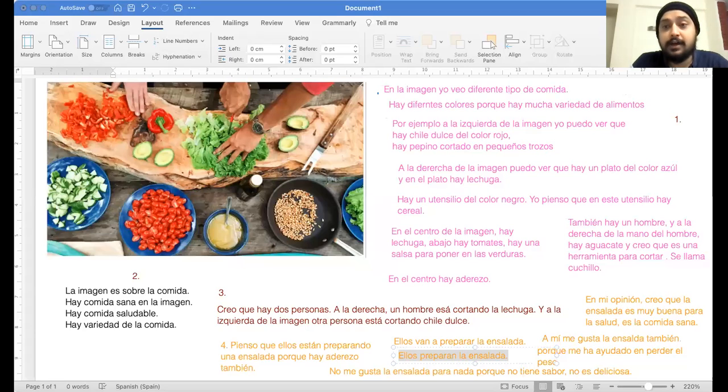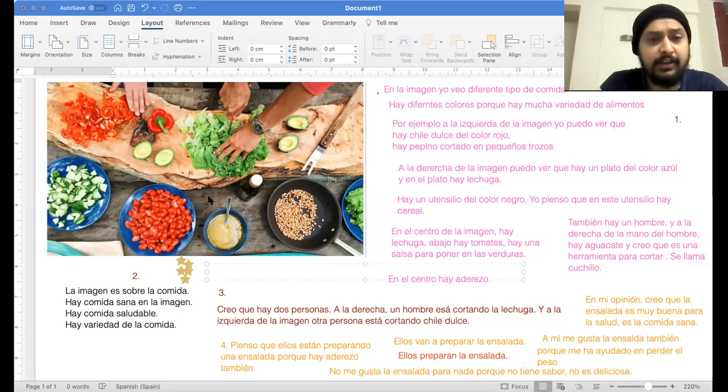Now comes the most important part, that is intentionally adding the cultural element. 5 star. It's very, very important. So you can say anything about Spanish culture, Latin American countries, anything. Even if you cannot think of something, you can invent it at that time.